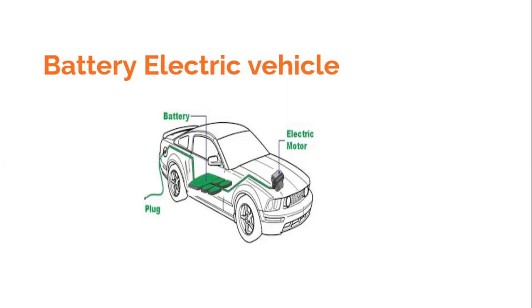A battery electric vehicle can cover 100 to 250 kilometers on one charge. Or you would also find in the market some battery electric vehicles which have a range from 300 kilometers to 500 kilometers.